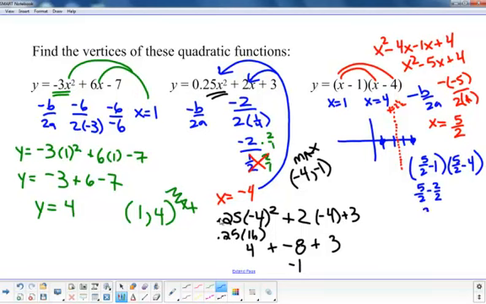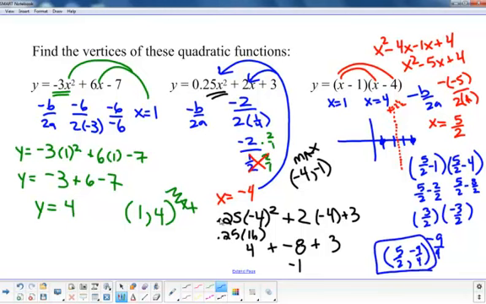So this would be 3 halves times 5 halves minus 8 halves, which is negative 3 halves. So our y value is negative 9/4. So the ordered pair, 5 halves, negative 9/4. Where's my step?